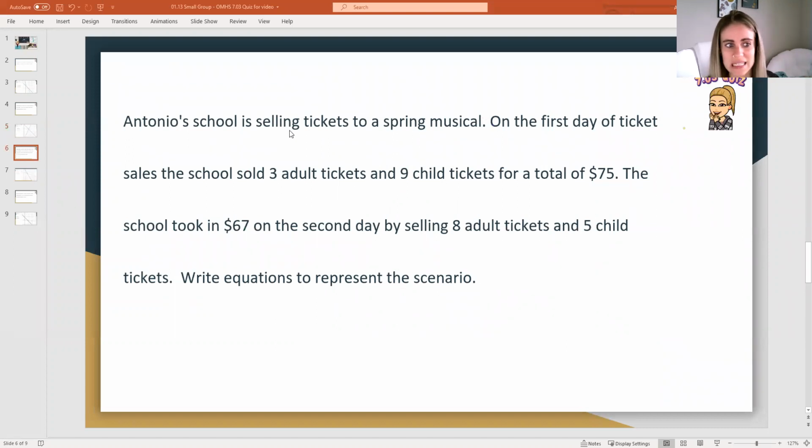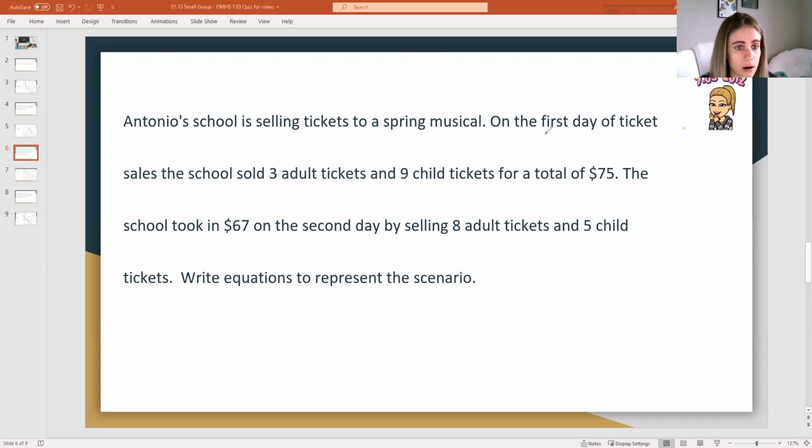Here's that first one we did in class together. Antonio's school is selling tickets to a spring musical. On the first day of ticket sales, the school sold 3 adult tickets and 9 child tickets for a total of $75. The school took in $67 on the second day by selling 8 adult tickets and 5 child tickets. Write equations to represent the scenario. All right, just like before, let's go through and identify all of that key information.